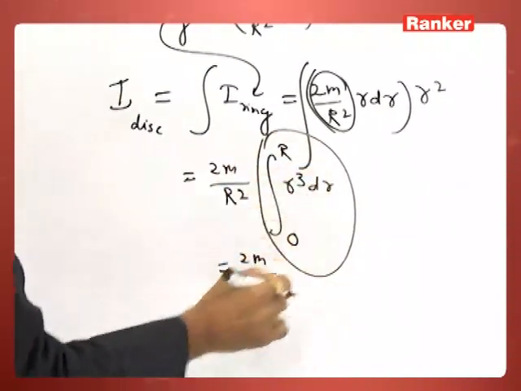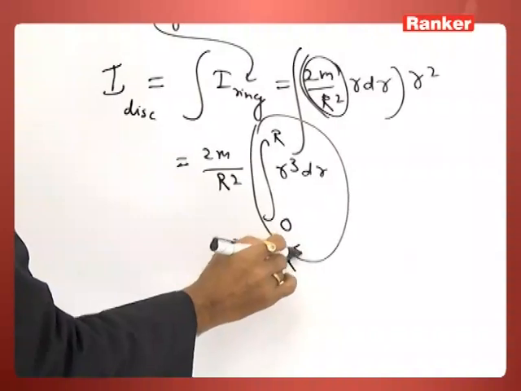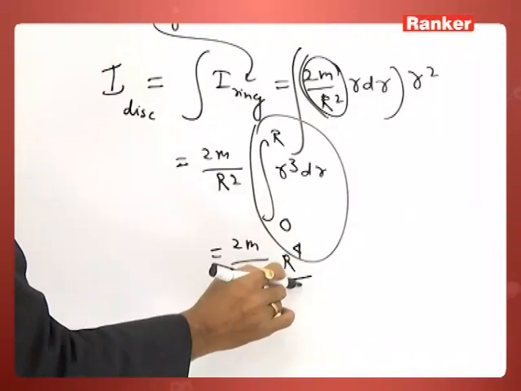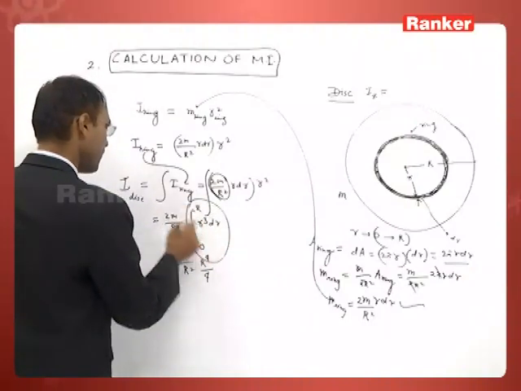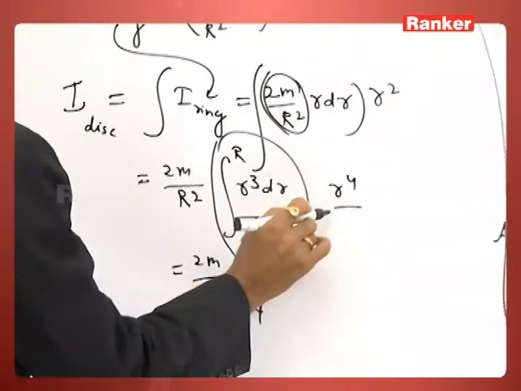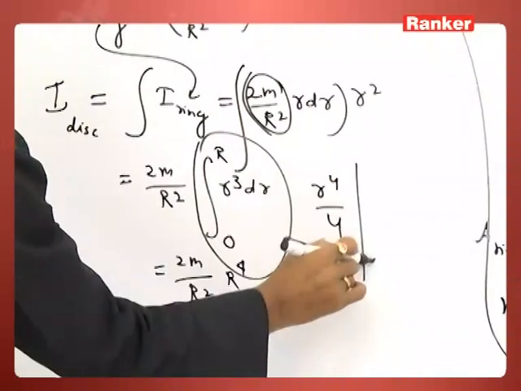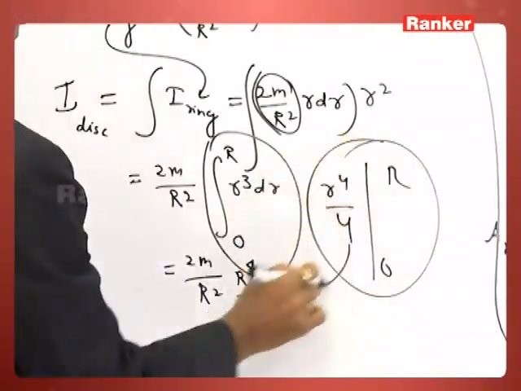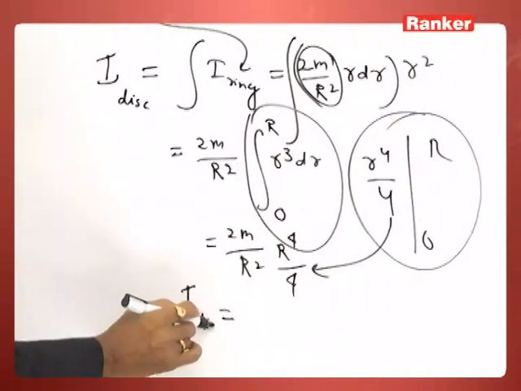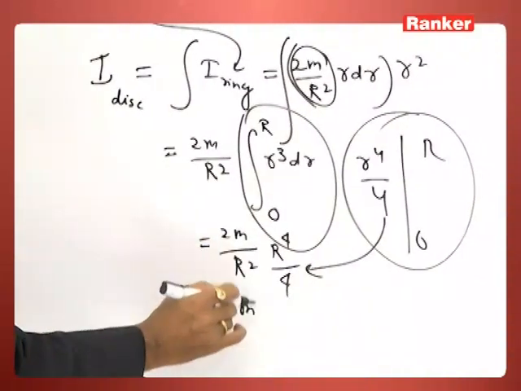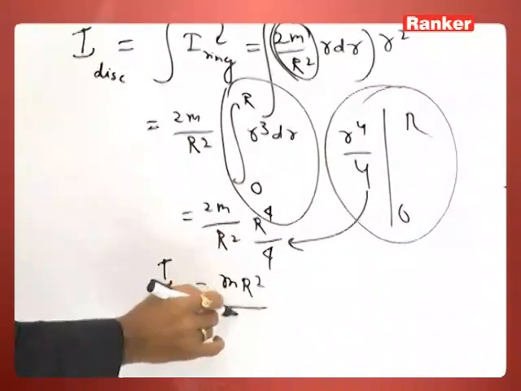After evaluation of the integral, we are getting r to the power 4 by 4, because the integration of r cube is equal to r to the power 4 by 4. From 0 to R, you are getting R to the power 4 by 4. Ultimately, you are getting the moment of inertia of the disk is equal to MR square upon 2.